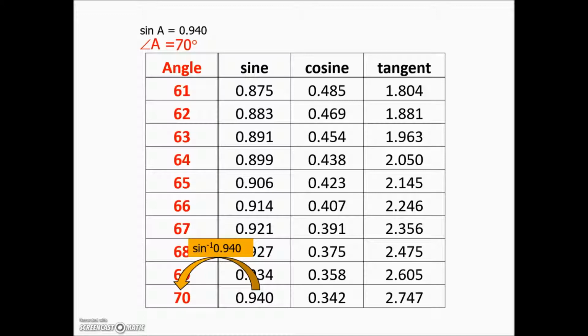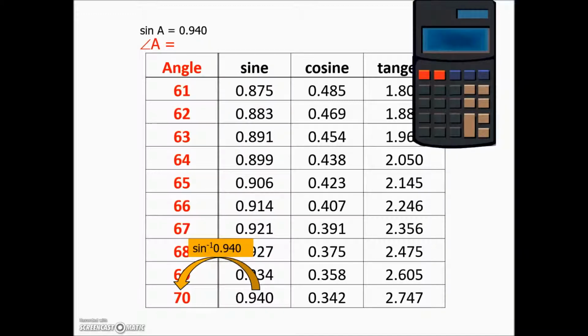If we use our calculator, the preferred method, provided you have a direct algebraic logic calculator, you will hit your second, sometimes it's an inverse, to activate what's above the sine key.